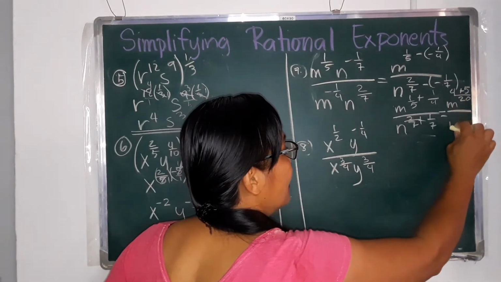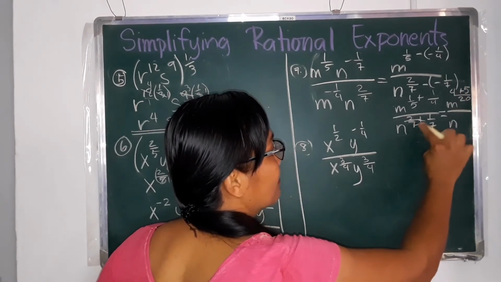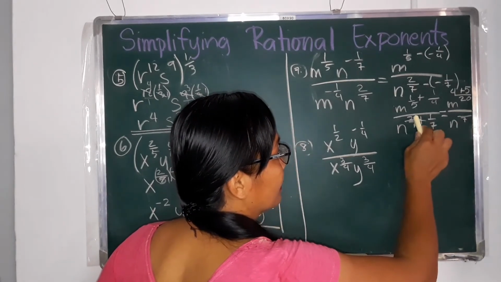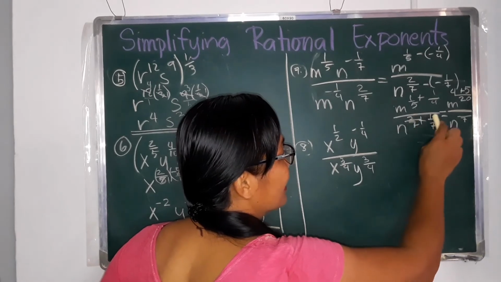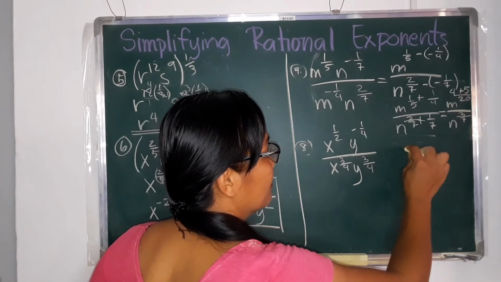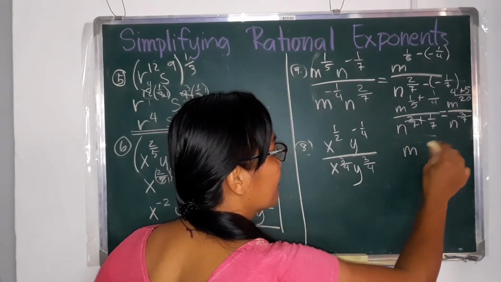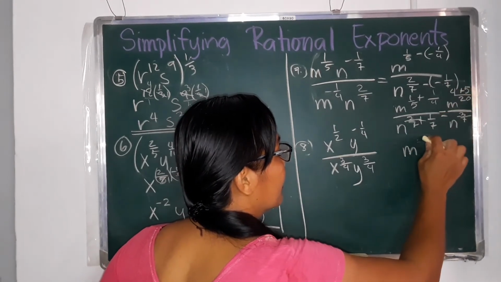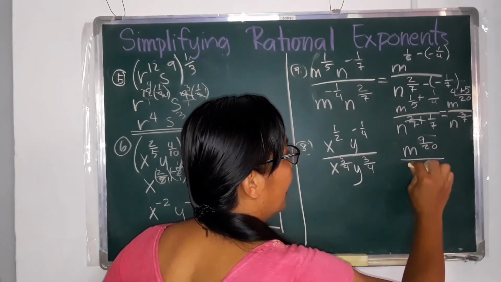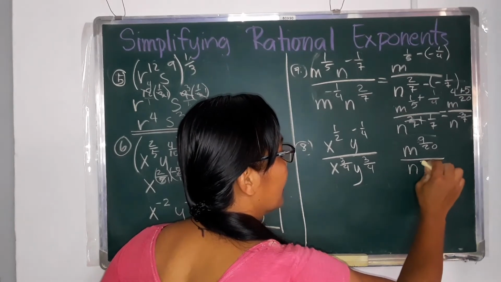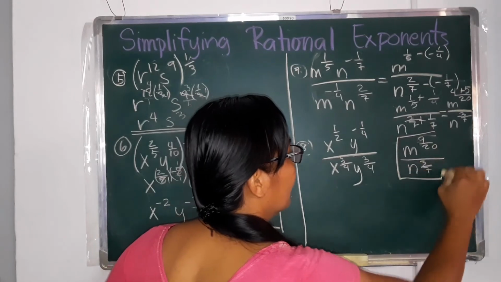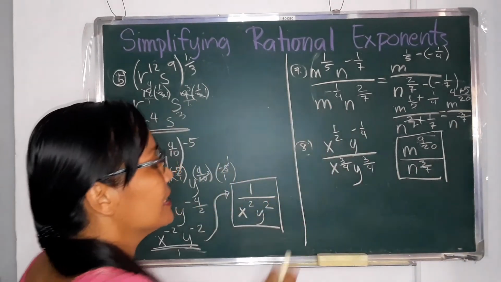All over n. Since they have the same denominator, copy the denominator and then add the exponent. Add the numerator. 2 plus 1, 3. Okay, we need to simplify the numerator. We have m, 5 plus 4, 9 over 20, all over, copy the denominator, n, 3 over 7. So this is our final answer for number 7.